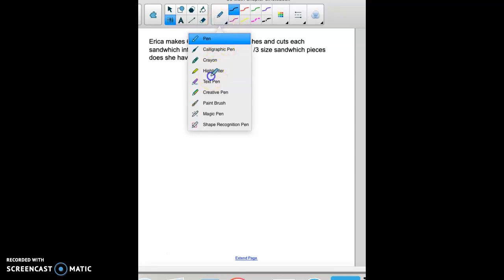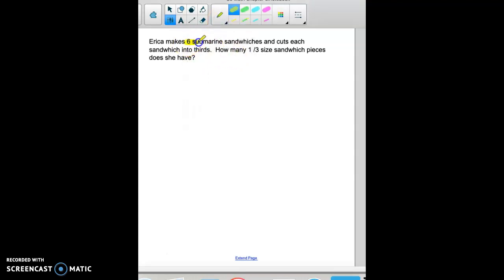Okay, so I know that Erica makes 6 submarine sandwiches, and then she's cutting each sandwich into thirds. And it's asking me how many 1/3 size sandwich pieces does she have?